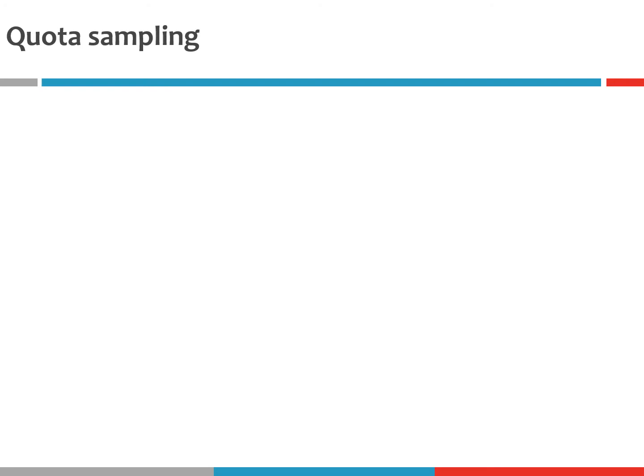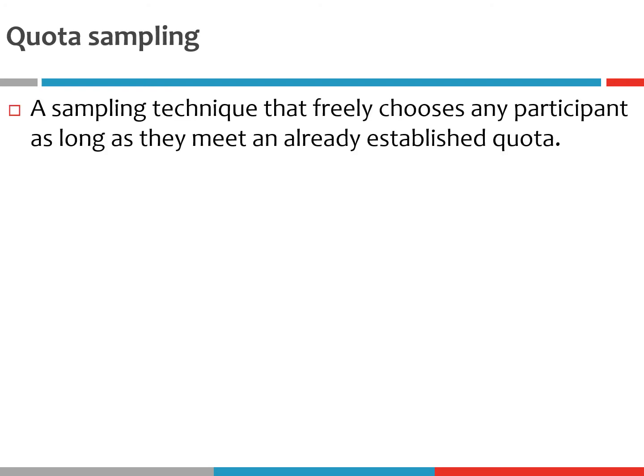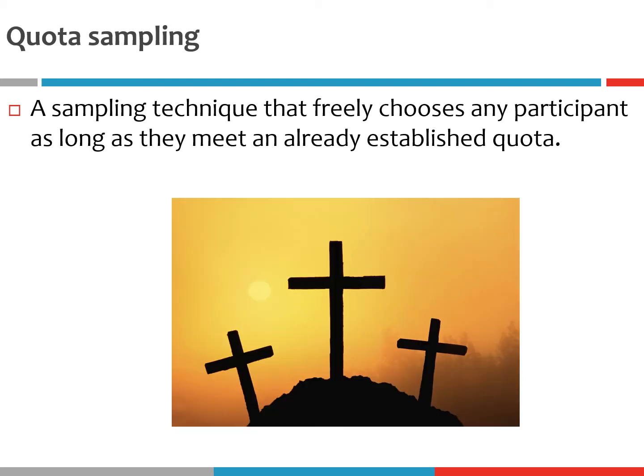Okay, then we have quota sampling. Quota sampling is a sampling technique that freely chooses any participant as long as they meet an established quota. Okay. So let's say, for example, that you're a researcher who wants a sample of 100 people that is 70% Christian.